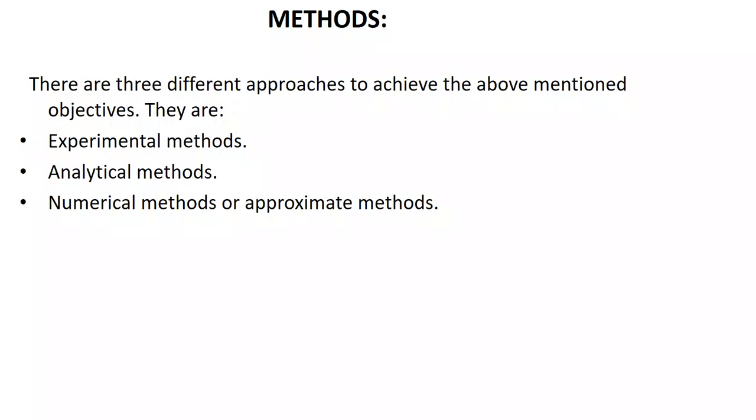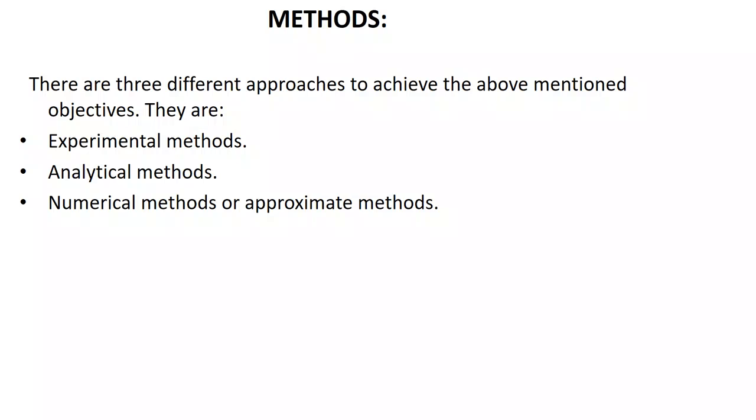In the analytical method, we use different types of analytical tools. For example, in FEA we can use ANSYS, Abaqus, or Nastran. We give an input to the tools and get an output in graphical form or as color images. That is called the analytical method.